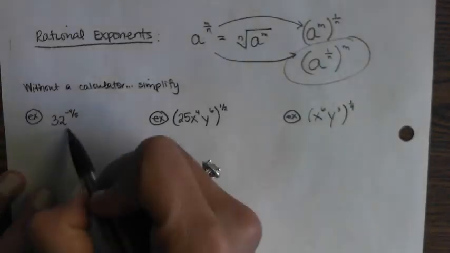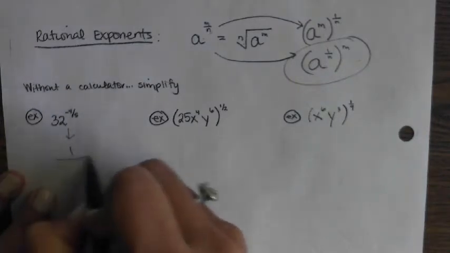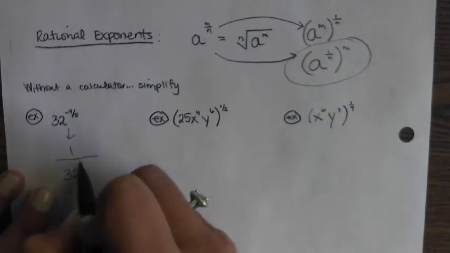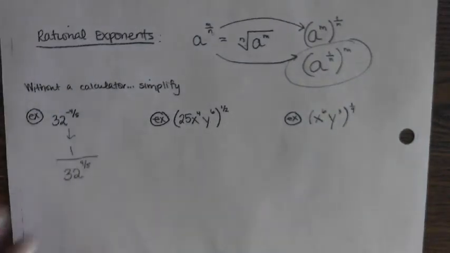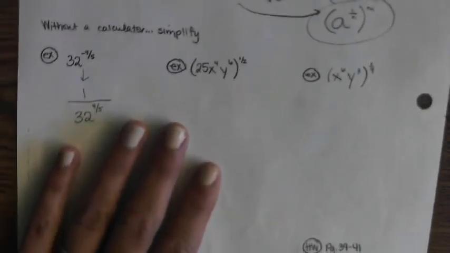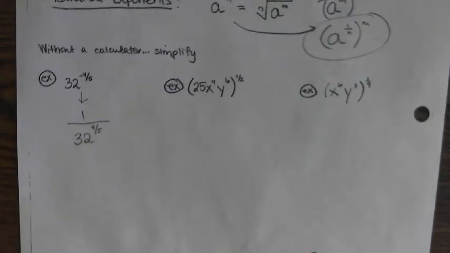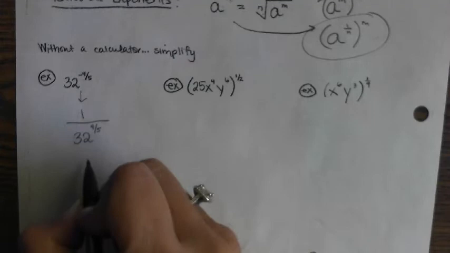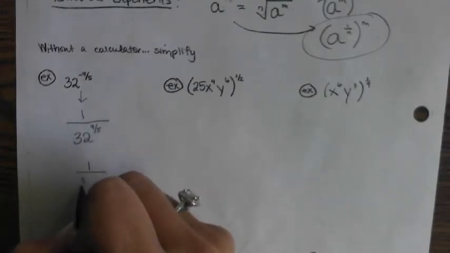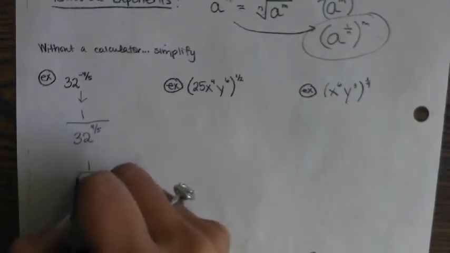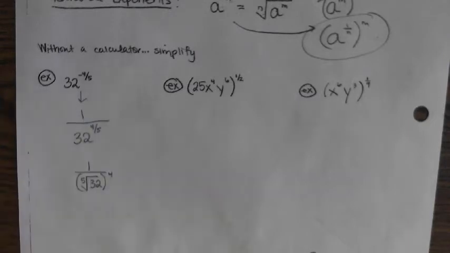Because take this 32, for example. Okay, actually, let's get rid of the negative exponent first. So it'll be 1 over 32 to the 4/5. If you don't have a calculator, it certainly does not make sense to raise 32 to the 4th power, right? So we want to handle the root situation first. We want to take the 5th root of 32 and then raise that to the 4th power.